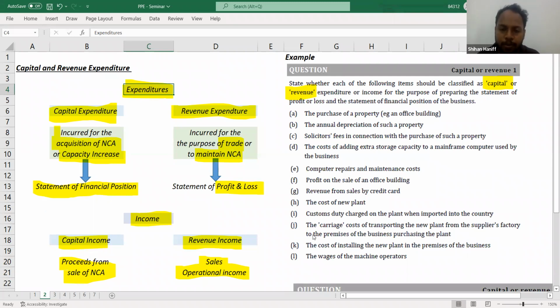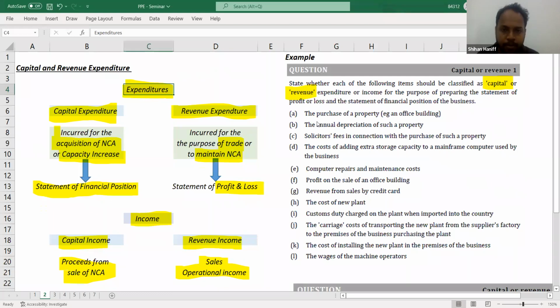So there are a few expenses. Right. The number one, the purchase of property.